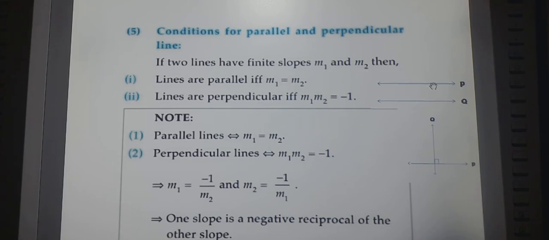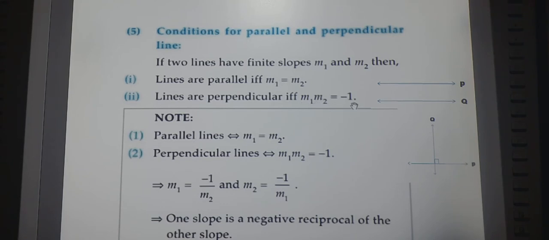Then if these two lines are parallel, then their slopes must be equal. When their slopes are equal, then those lines are parallel. So for conditions we write here, lines are parallel if and only if m1 equals m2. Lines are perpendicular if and only if m1 into m2 equals -1.